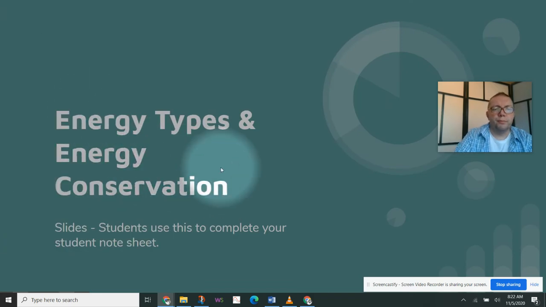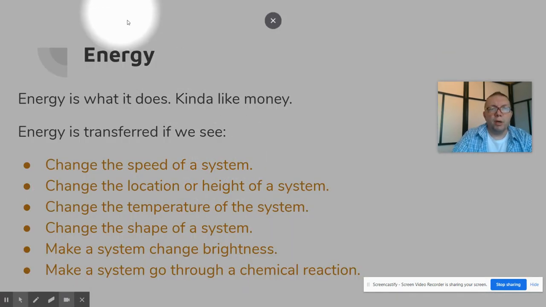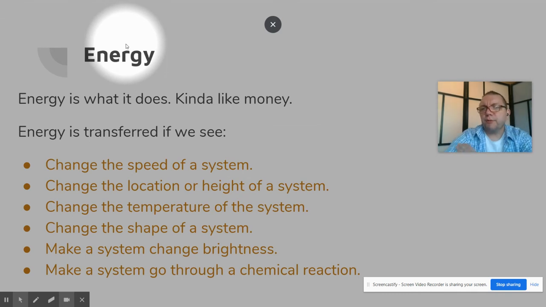All right. Okay. So, energy is one of these things. It's tough to define. So sometimes with things that are unusual or have real technical definitions, instead of giving it a great definition, we often talk about it being what it does. So, energy is what it does. When we talk about what money is, if somebody says, "Hey, define money," it's kind of tough to do that.